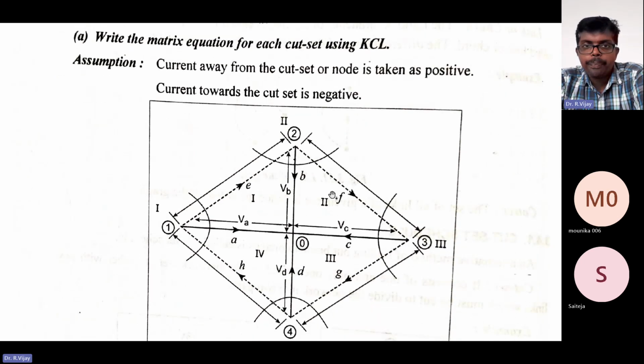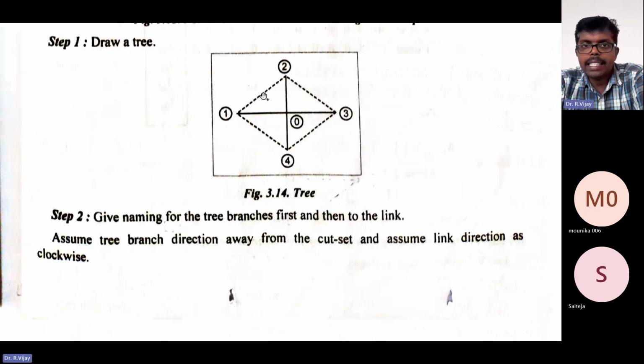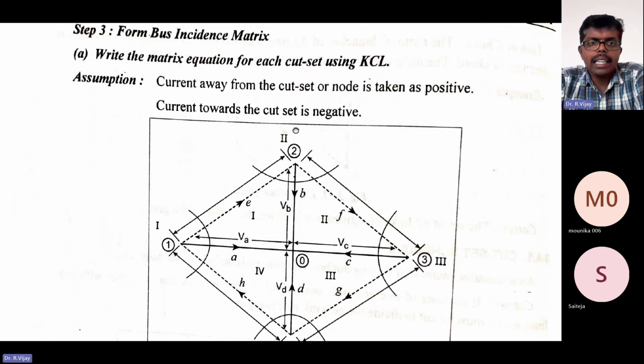For step number 3, form the bus incidence matrix. In that, write the matrix equation for each cut-set schedule using Kirchhoff's current law.